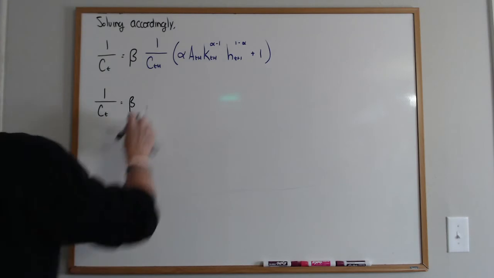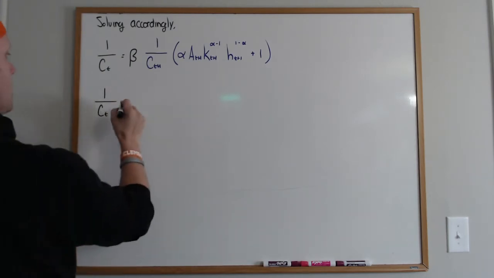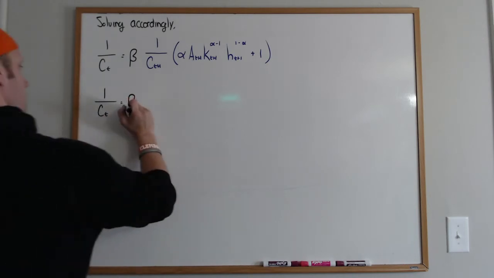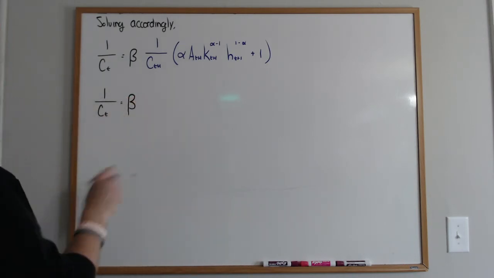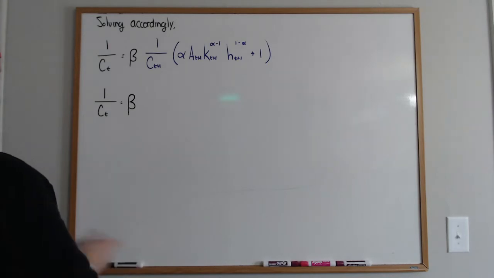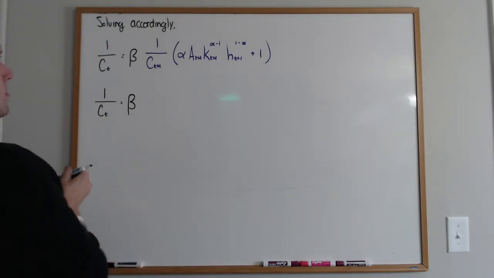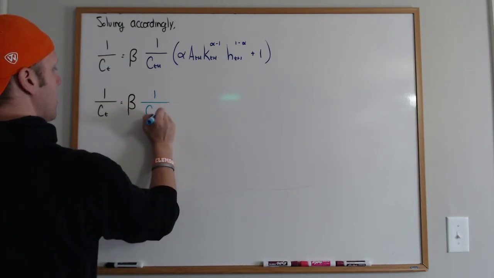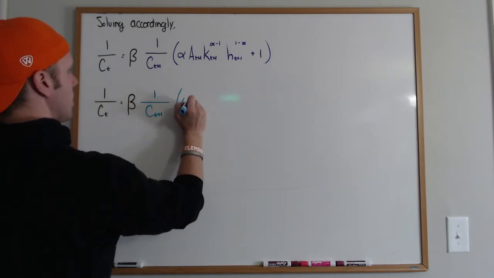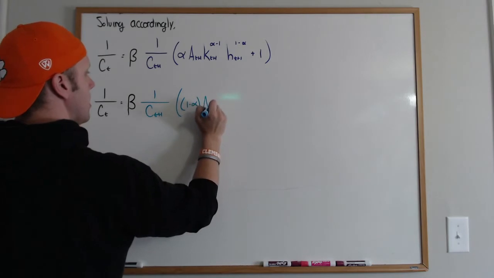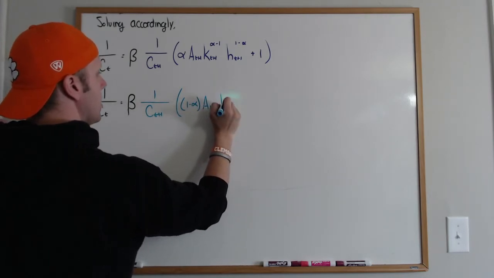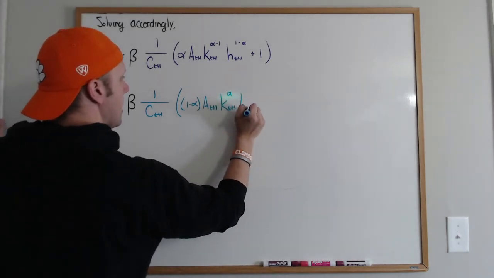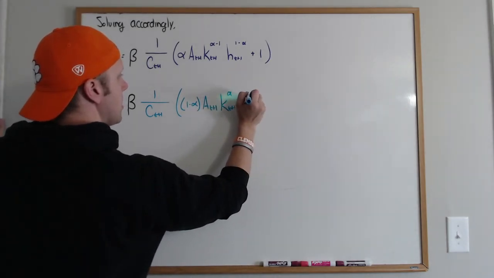That beta looks a little bit bigger. That works. Not like a beta, less like a B. Beta times, well, 1 over CT plus 1 times 1 minus alpha times AT plus 1, KT plus 1 to the alpha times HT plus 1 to the negative alpha.